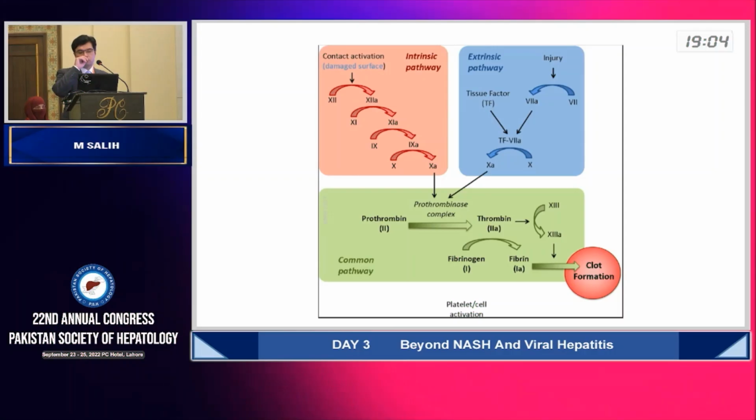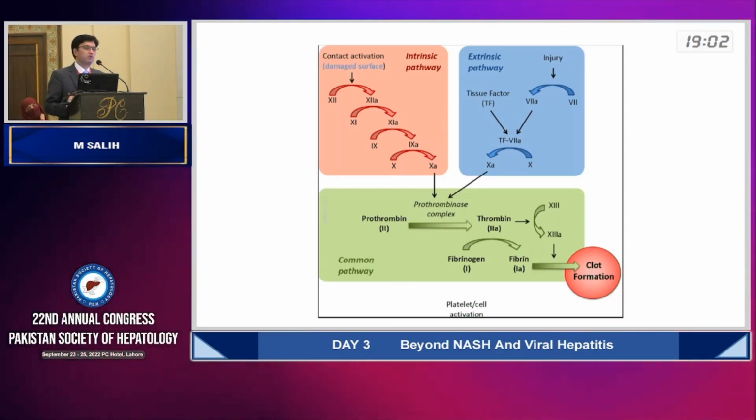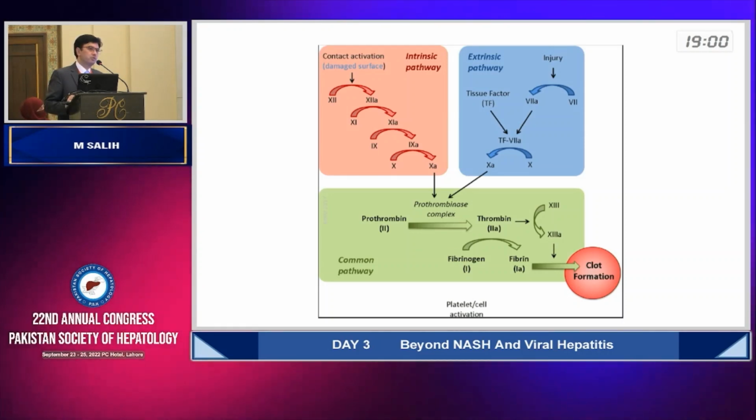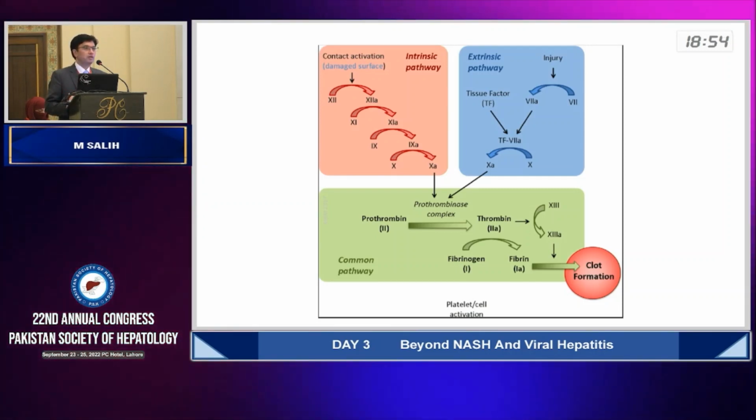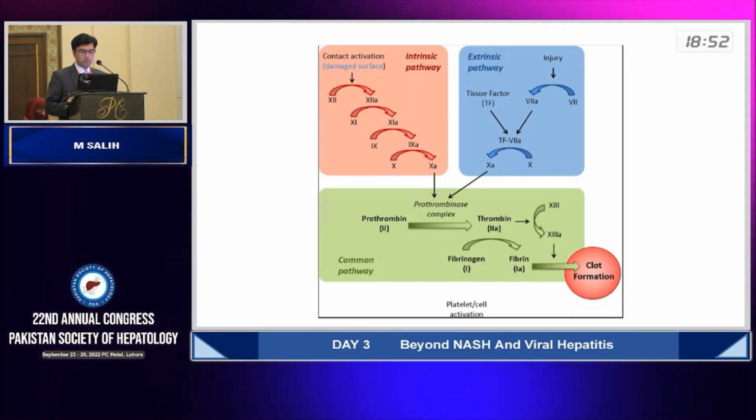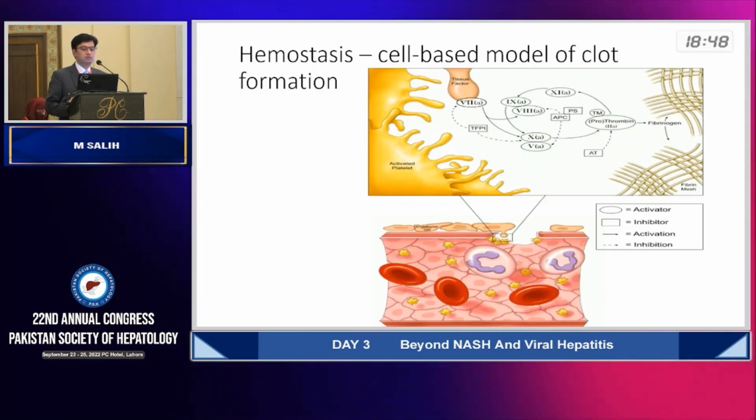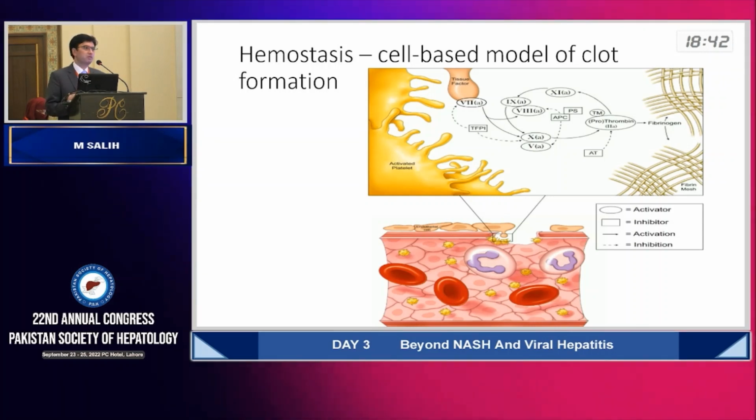It's customary to briefly discuss the intrinsic and extrinsic pathways, which lead to the common pathway. Later on, they converge along with activated platelets and lead to thrombosis and clot formation. However, we have moved to the cell-based model of the clot, because you cannot separate them out; everything is happening at the same time.